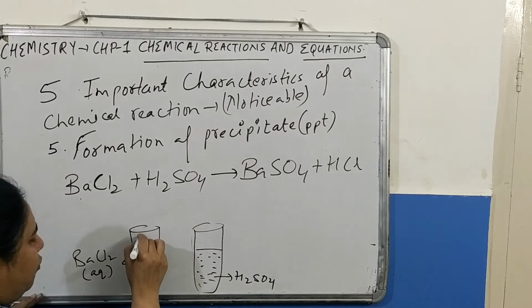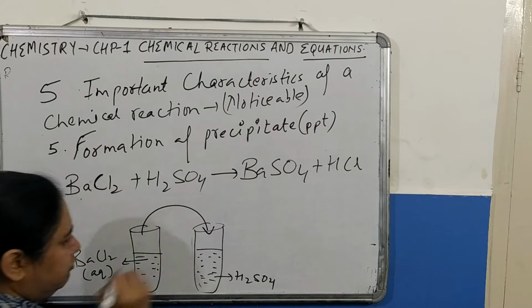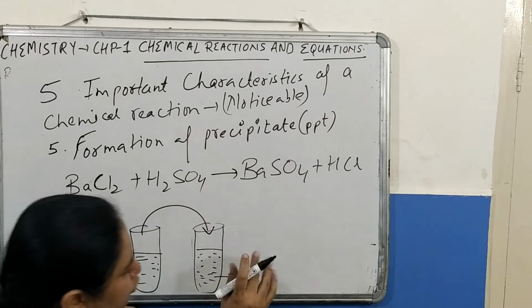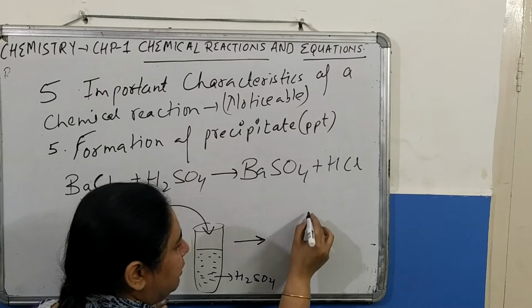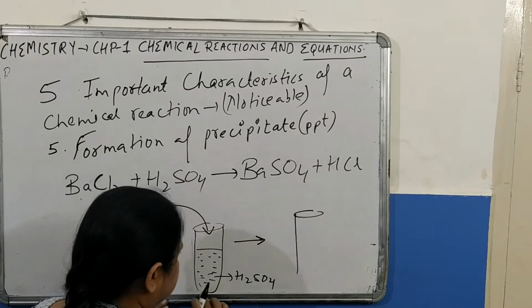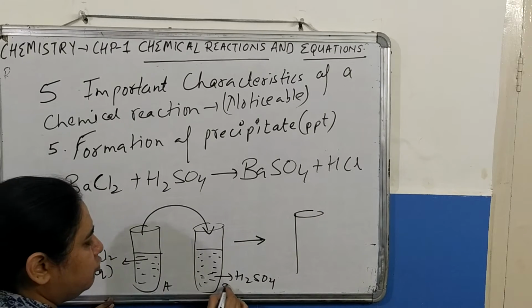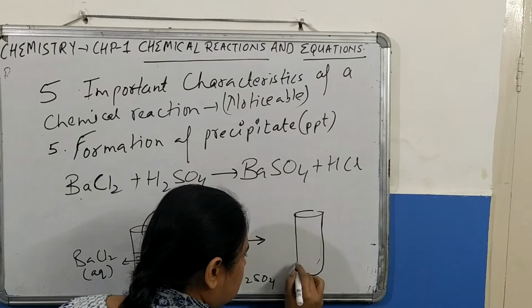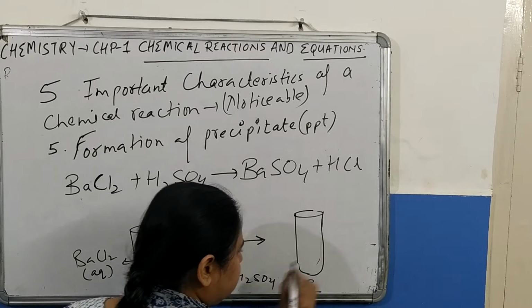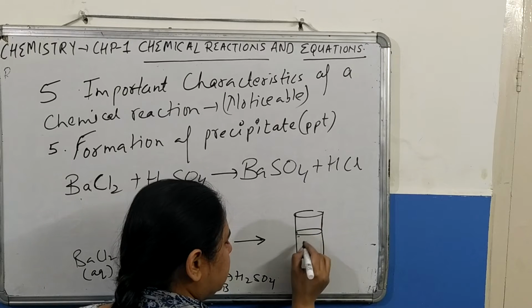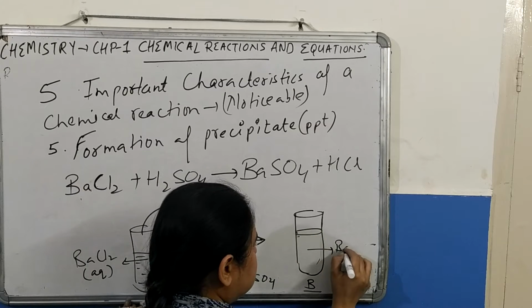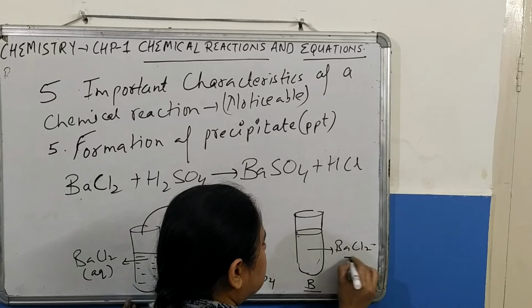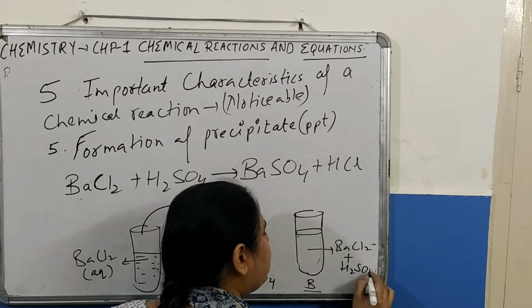Now I'm going to pour barium chloride into sulfuric acid and wait a couple of minutes. This is my A, this is my B, and I'm going to keep the B test tube undisturbed for some time. So now I have BaCl2 plus H2SO4.